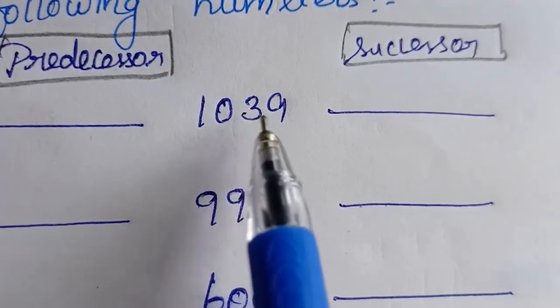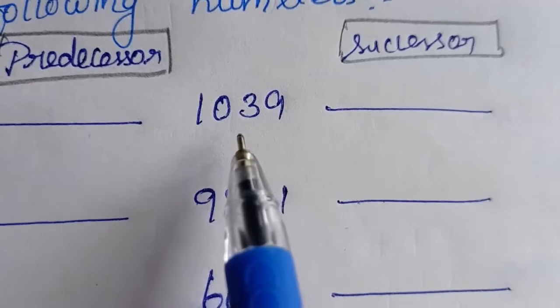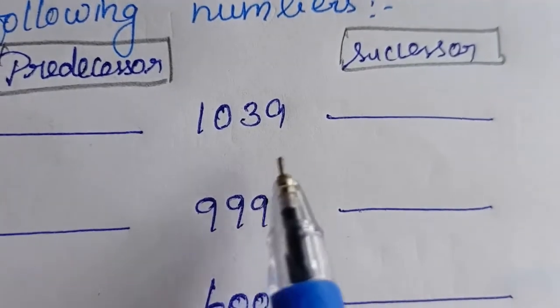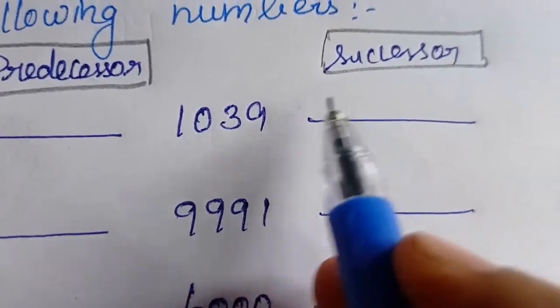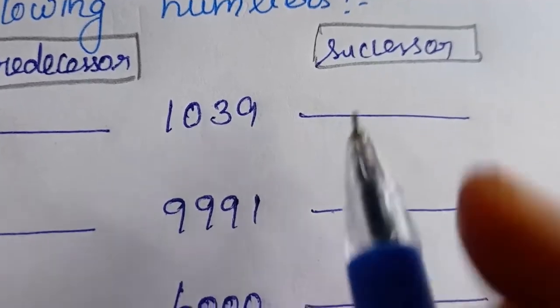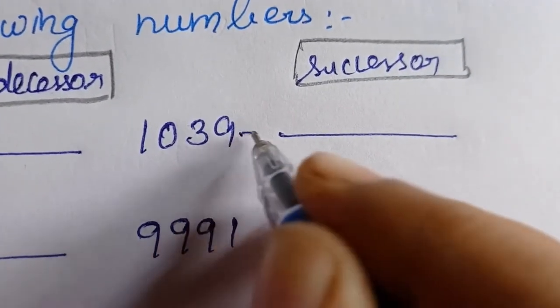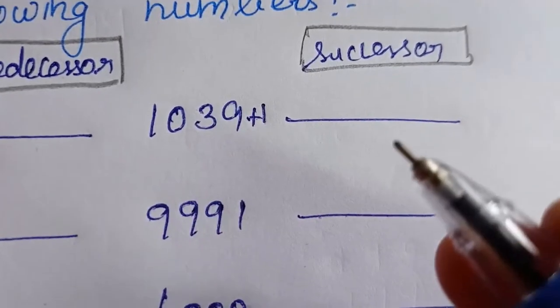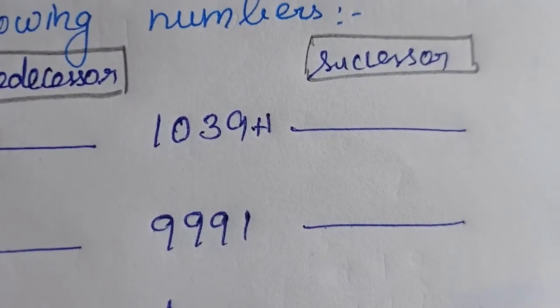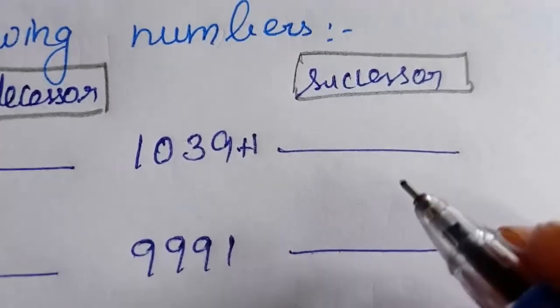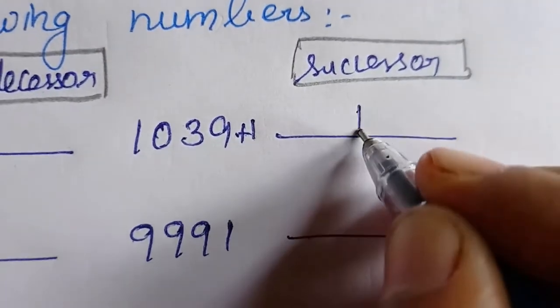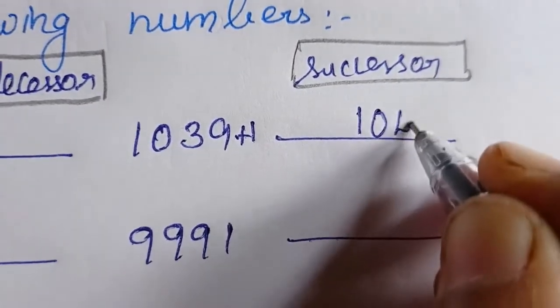Now let's look at the first question, 1039. If you want to find the successor of this number, what do you do? Add 1 to this number. So you get 1040.